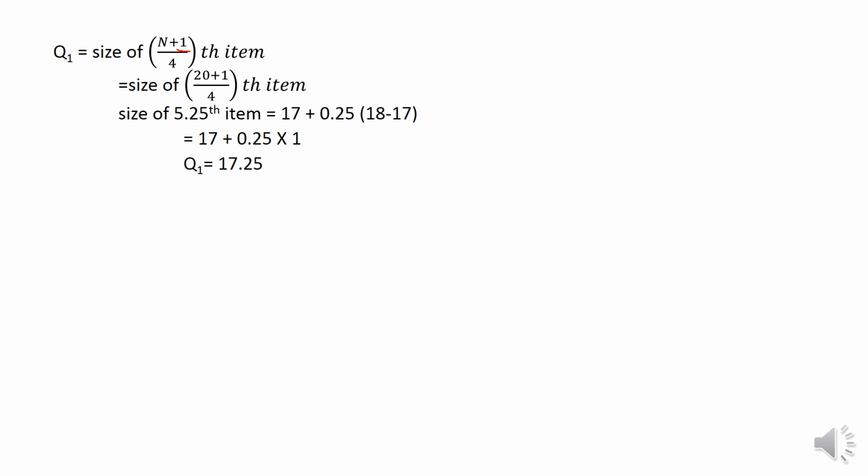That is 21 divided by 4, which is 5.25th item. The 5.25th item lies in the group of 17. So 17 plus 0.25 times (18 minus 17), and Q1 will be 17.25.